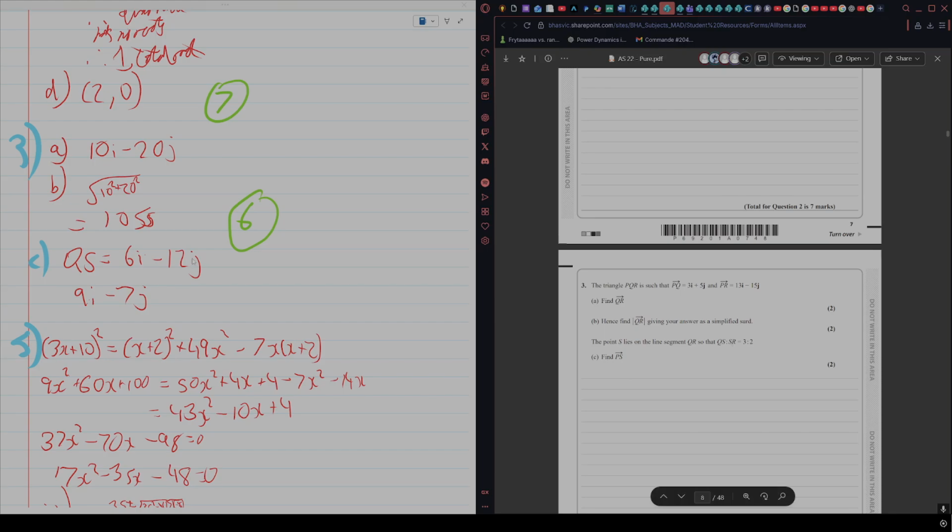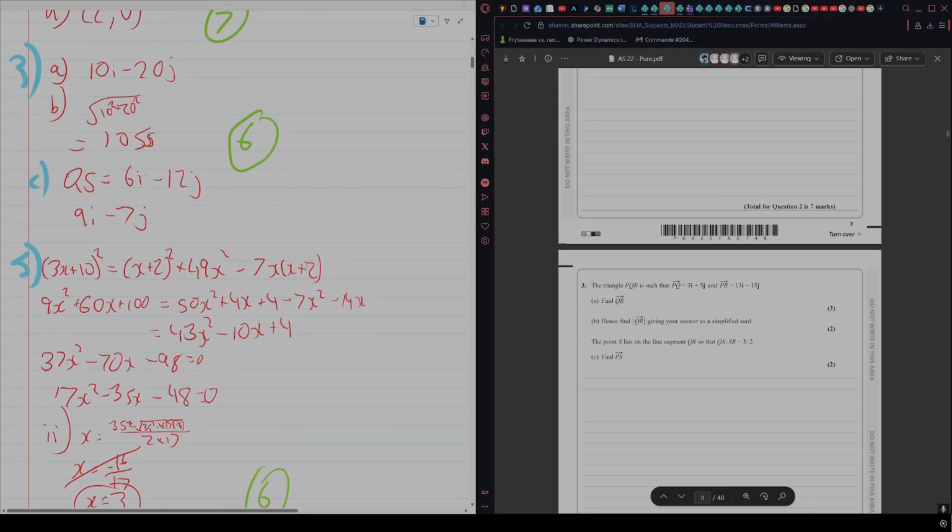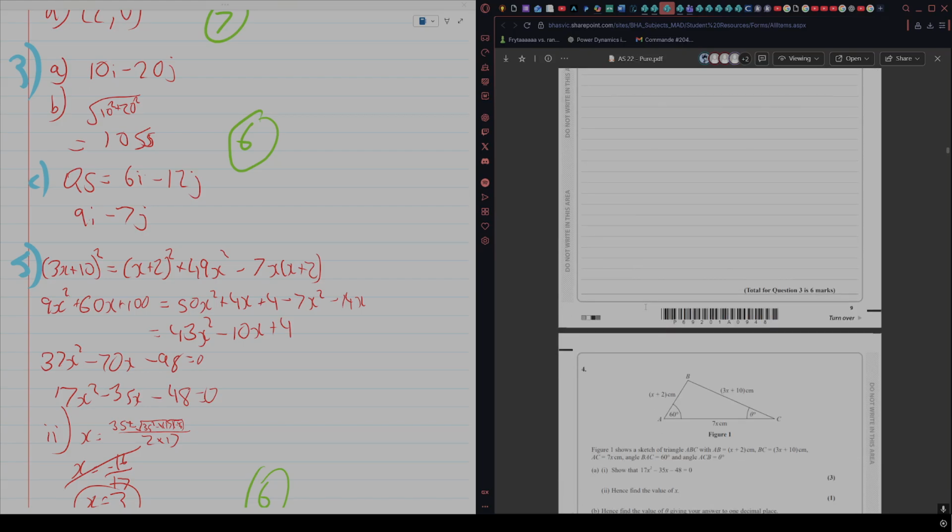You can just multiply this by 3/5, and then to find PS, you just go from P to S. As you know what QS is, now you can find PS, and that just gives you the answer, really. Sorry, again, we haven't done vectors, so don't really worry about this question. But yeah, let's move on.